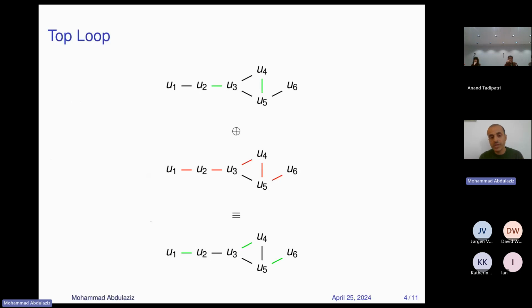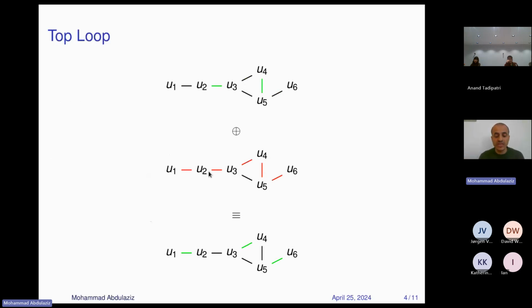So let me show you an example here. This is a graph, and this is a matching for it. Those two green edges are the matching, and this is an augmenting path. Why is it? Because the first vertex is not in the matching. As you can see here, U1 is not touched by any of the green edges, and U6 is the same. It's not in the matching. That's the first condition. The second condition is that it's an alternating path, which means that every two consecutive edges here alternate in terms of membership in the matching.